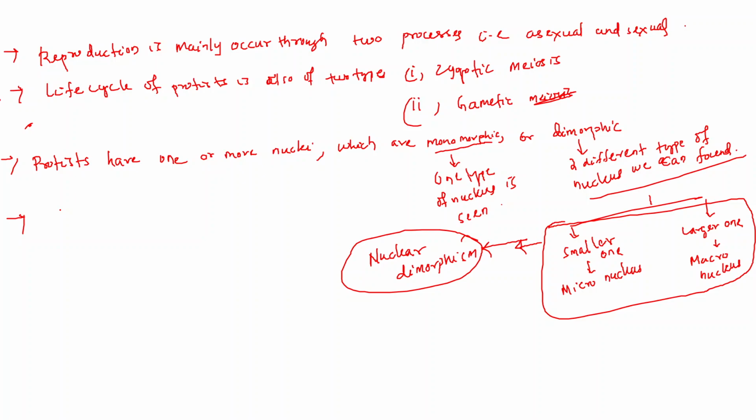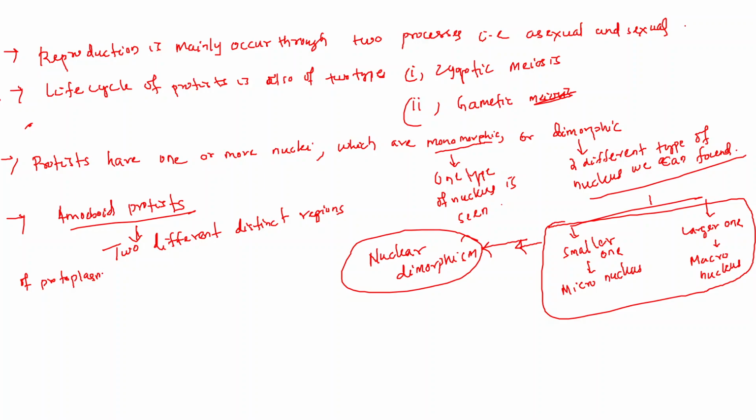There is one type of protists known as amoeboid protists. In amoeboid protozoans, we can see two different distinct regions of protoplasm.